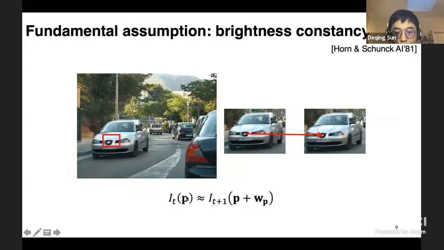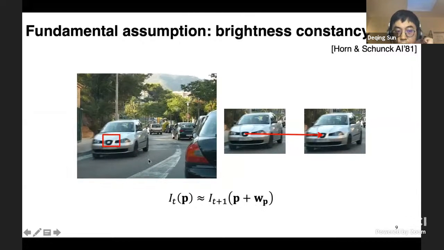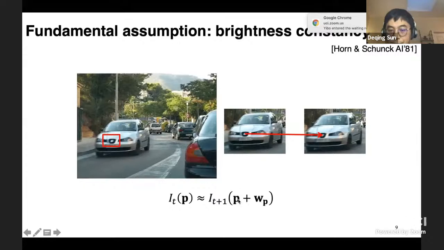A pixel p in I_t, which represents the brightness at the current frame t, will have similar brightness as the corresponding pixel in the next frame t plus 1. Here w_p is the motion vector for the pixel in the current frame. So when we add the motion vector to the 2D position, we get the corresponding pixel in the next frame.